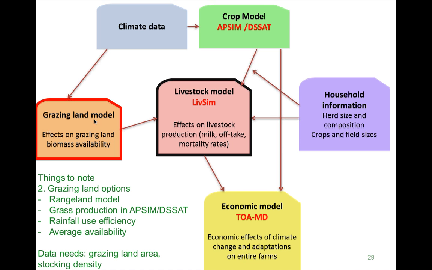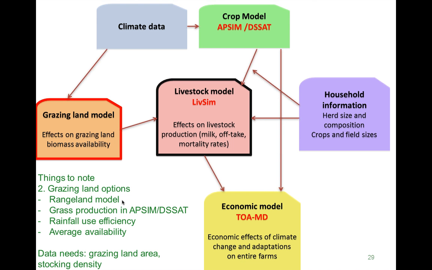And then when we talk about grazing land, and so the simulation or the assessment of the availability and quality of the biomass coming from the pastures, there's a couple of options on how to incorporate that in the integrated assessment.